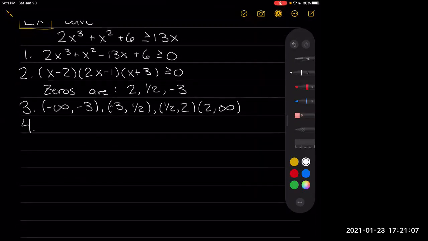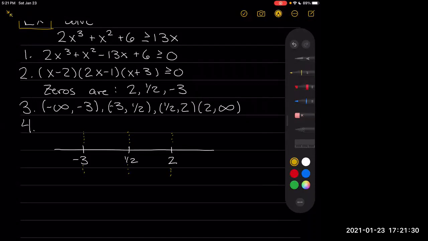So I normally draw a number line to kind of determine what our zeros will be. So I know that we have a 0 at -3, at 1/2, and at 2. So this kind of creates a table with 4 parts.